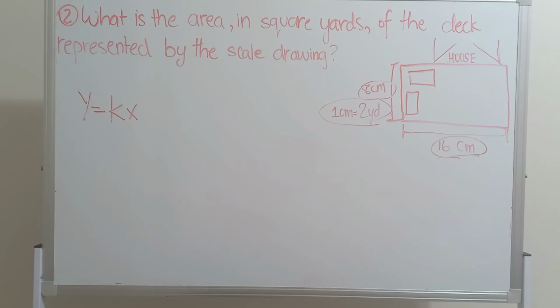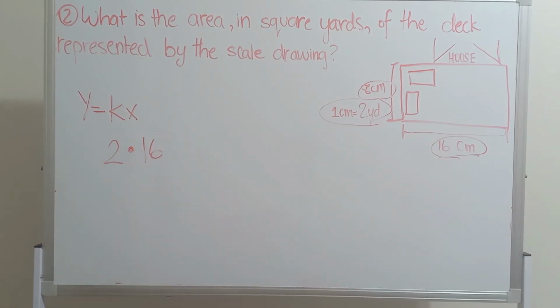The k is the constant of proportionality, x is the length in the scale drawing, and y is the actual length. So we replace k with 2, because 1 centimeter is equal to 2 yards.